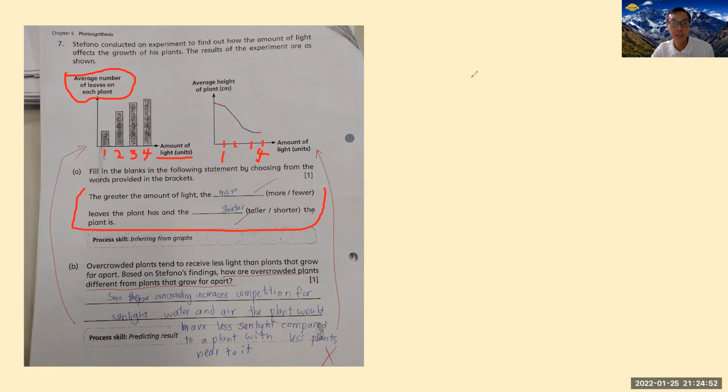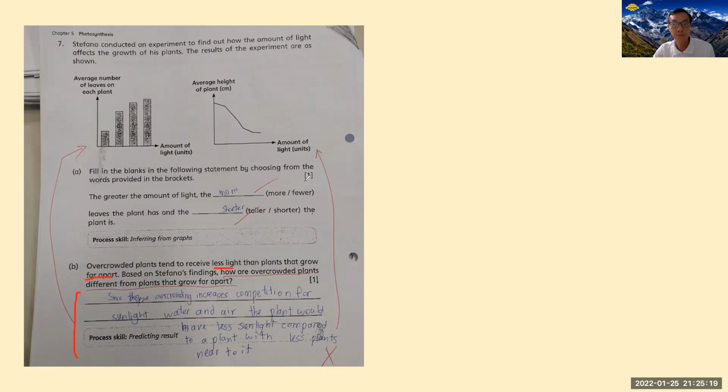Let us look at the second part. They say that overcrowded plants tend to receive less light than plants that grow far apart. When you answer this section, you must base it on Stefano's finding. Based on Stefano's finding, how are crowded plants different from plants that grow far apart?